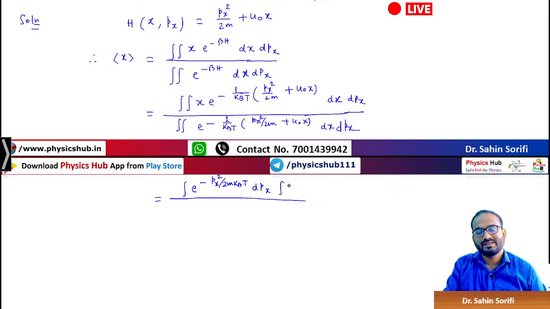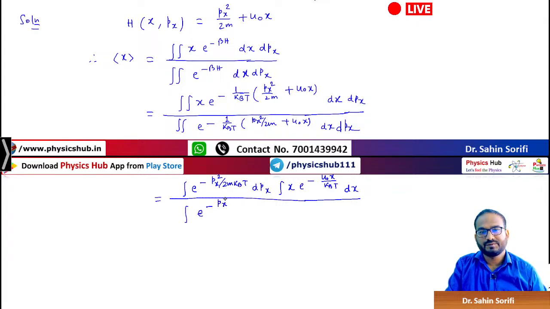Another integration is x times e to the power minus U naught x by kT dx. Here also we are just separating e to the power minus px square by twice m kT dpx and e to the power minus U naught x by kT.